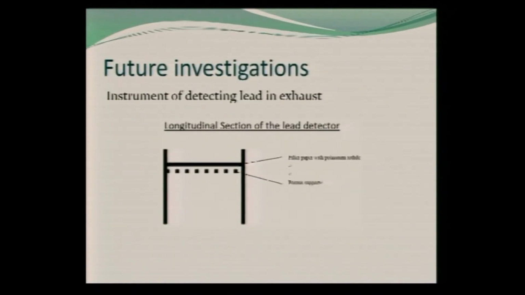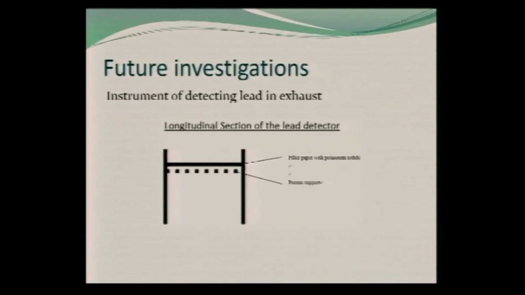Although the amount of lead detected is not that much, we can detect from the potential source of lead. For instance, if there are leaded petrol in cars, we can detect it directly by using a lead detector designed by us. The photo is the longitudinal section of the lead detector. This end is connected to the car exhaust pipe.